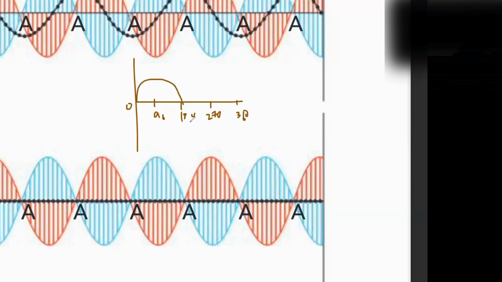One wave starts from 0 and goes like this. There's another wave which is very similar, but it starts from here. What is the phase difference between them? It would be pi by 2, that is 90. Because look at the starting point. The difference between the starting points is pi by 2, and that's how you get the idea of phase difference.